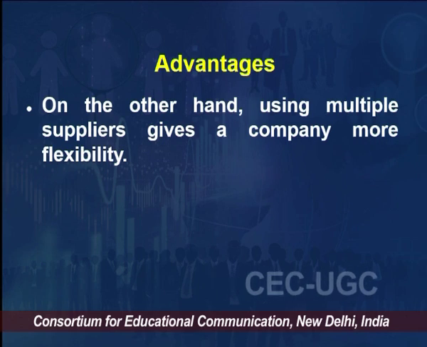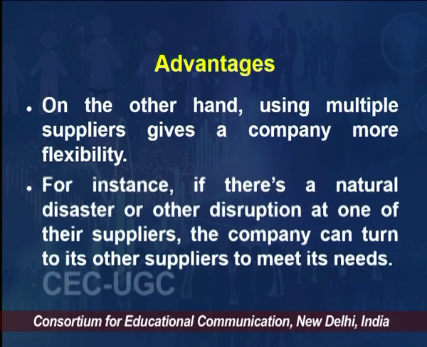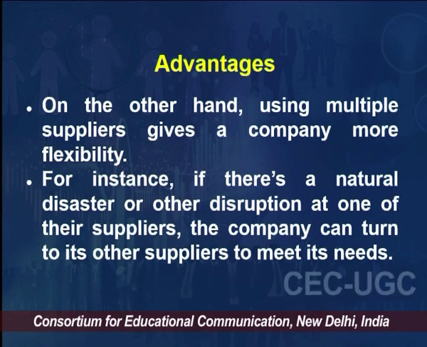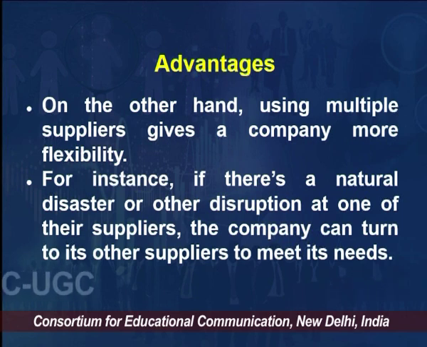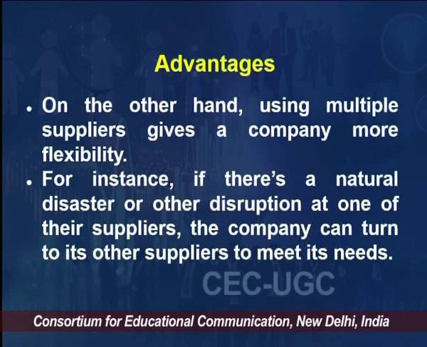On the other hand, when you are using multiple suppliers, it also gives you more flexibility. There is some advantage involved in this also. You have some amount of flexibility. For instance, if there is a natural disaster or some other kind of disruption at one of your suppliers, then you as a company may turn to your other suppliers to meet your requirements.